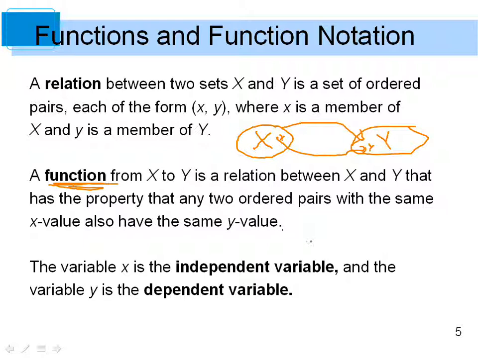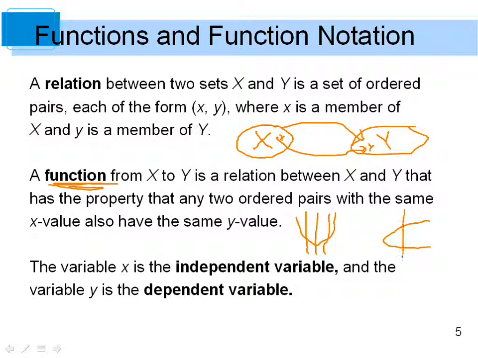If you remember the vertical line test, I'll show you an example of what I'm talking about. Here is an example of a function, a parabola, because every x value, as I'm drawing these vertical lines in here, only has one y value. Here's an example of a graph that's not a function, a sideways parabola.